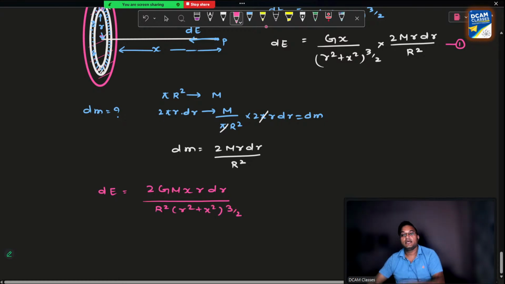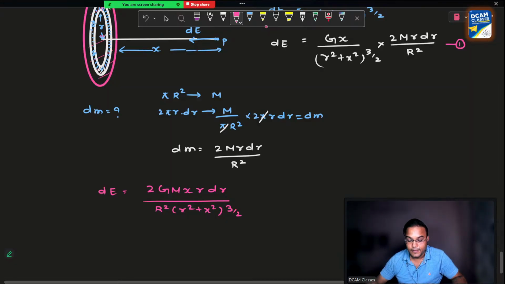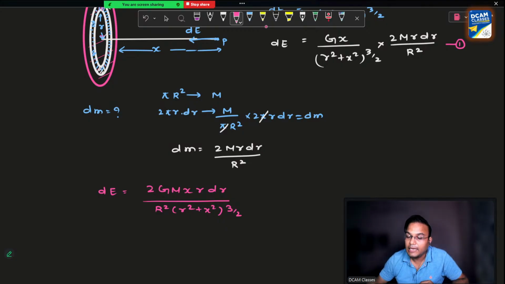Now see, this is a complex integration, not a simpler one, but I'll make it simple. Just look how I'm doing it, because this kind of integration is not yet introduced to you.